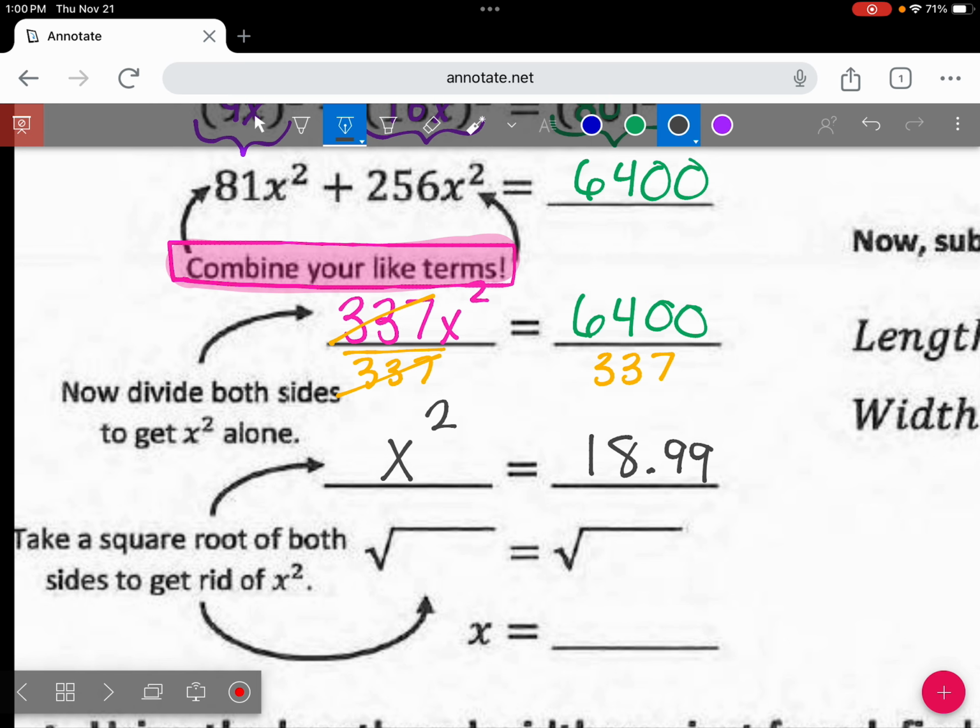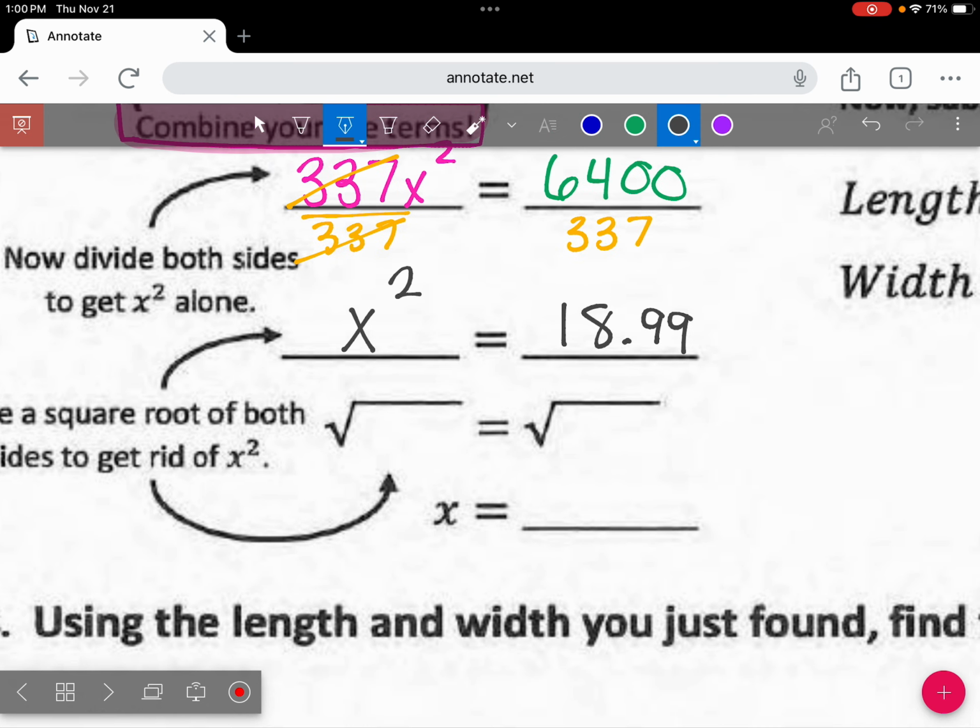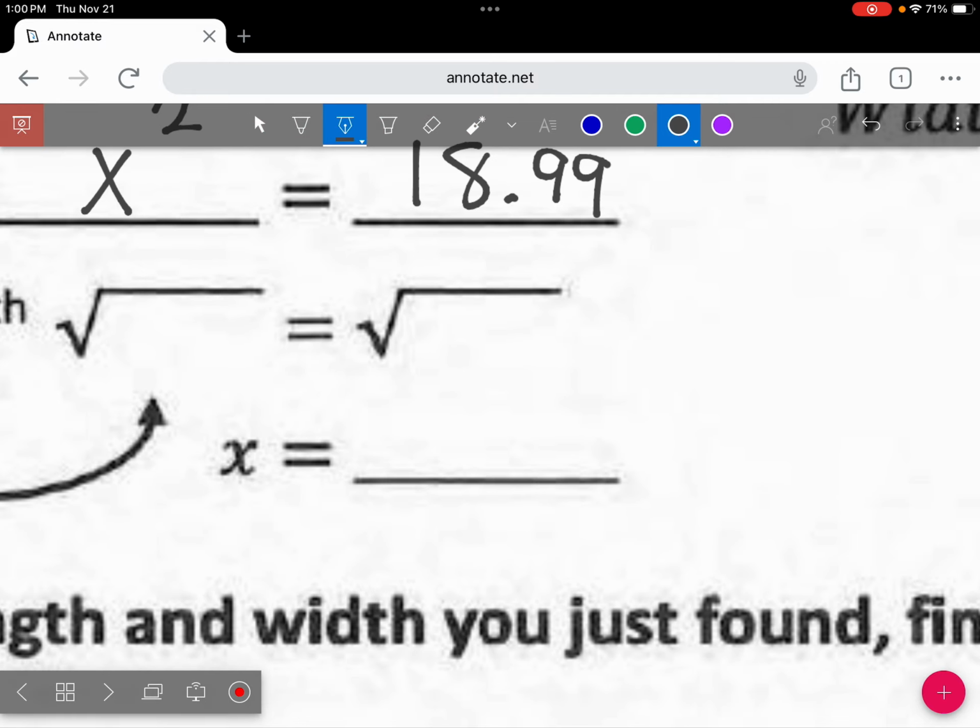Now, to get rid of my square, to unsquare something, we square root it. So we're going to square root our 18.99 and give me 3 decimal places. 4.358.